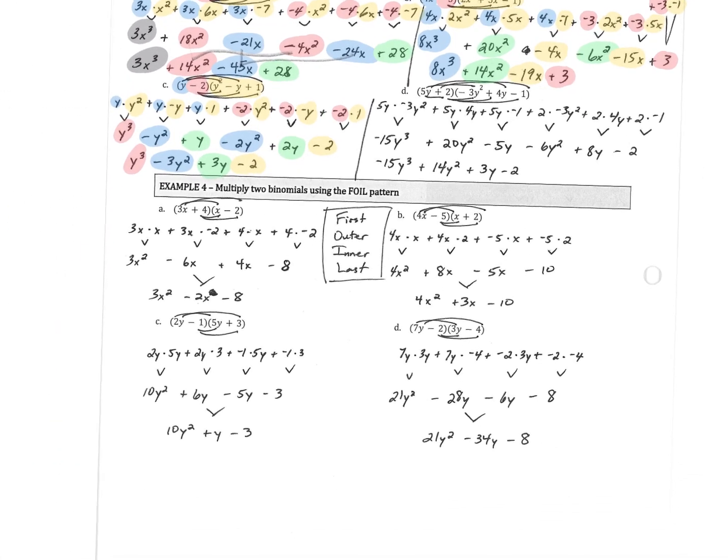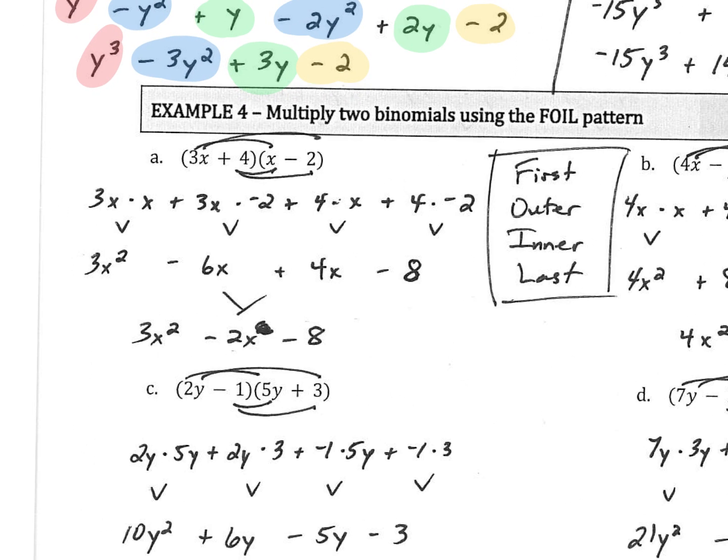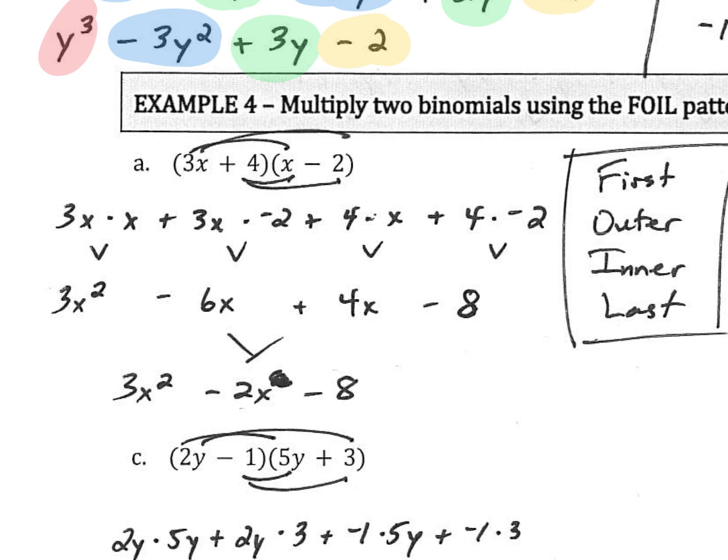Let's move on to the last examples where we're multiplying two binomials. We've done this before, but we did it with what we call the table method. Now we're going to use what we call the FOIL method. So here outlined in black is what the FOIL method means. First, outer, inner, last.